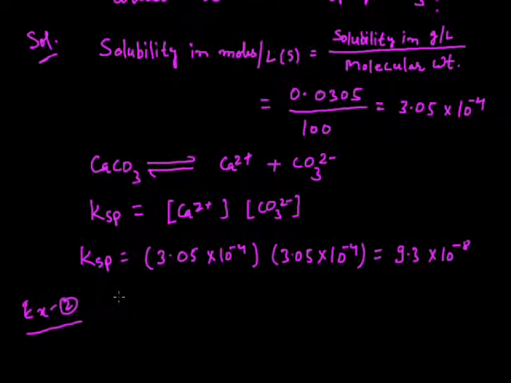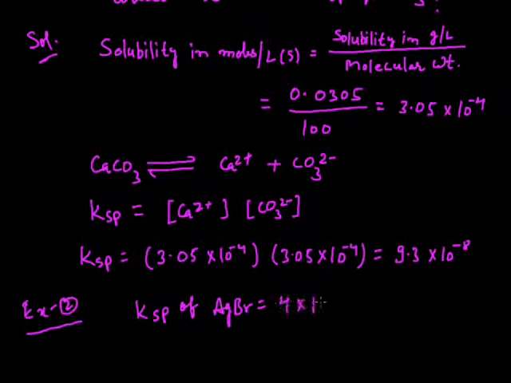Solubility product of AgBr is 4 into 10 raised to minus 13. If Ag plus ion concentration in solution is 1 into 10 to the minus 6 moles per liter, then what would be the Br minus ion concentration in the solution?